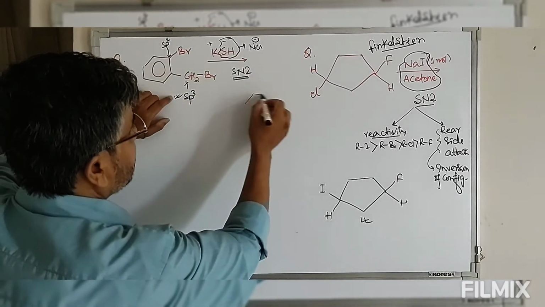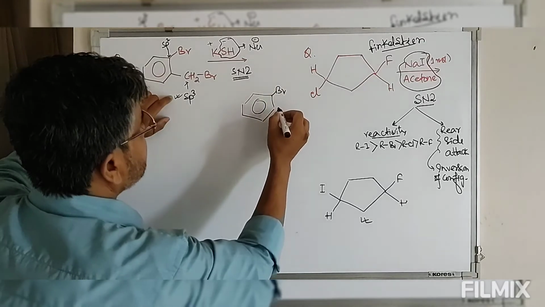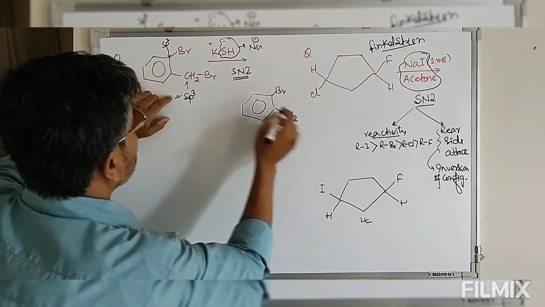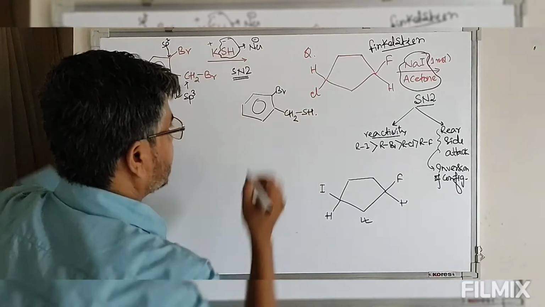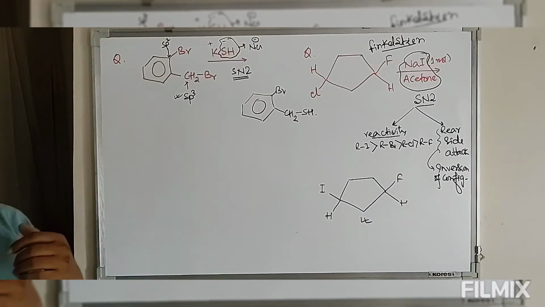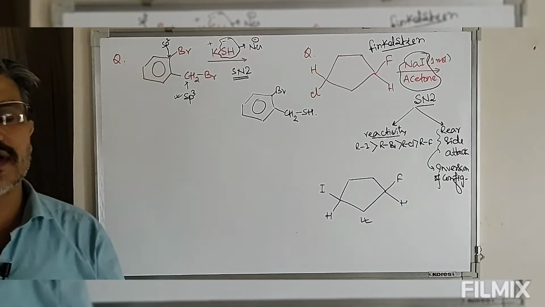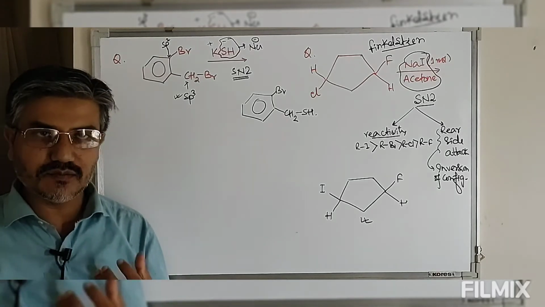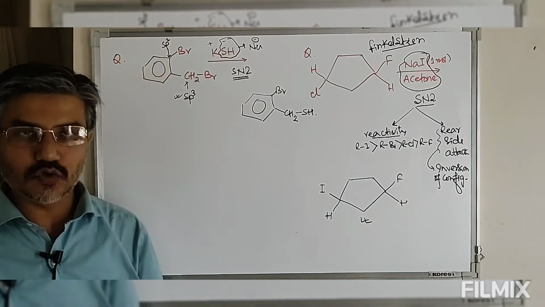Therefore the product formed in this reaction will be, this remains as it is, and this CH2, so Br will be replaced by SH. So if we have a combination of these types of C-X bonds given, then we have to find which C-X bond is more susceptible to attack by the incoming nucleophile.